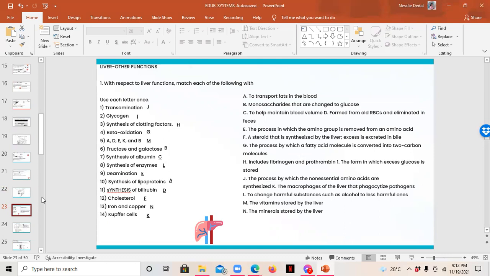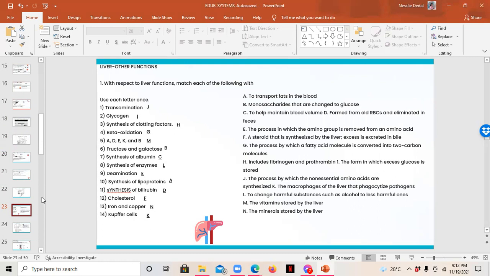Number 1 is transamination, letter J. Number 2 is glycogen, letter I. Number 3, synthesis of clotting factors, H. Number 4, beta oxidation, letter G. Number 5, A, D, E, K, and B12, is letter M. Number 6, fructose and galactose, letter B.